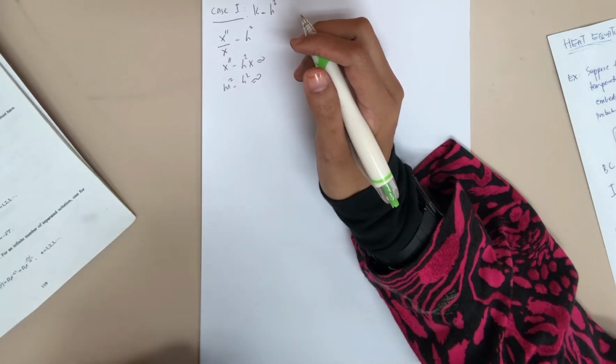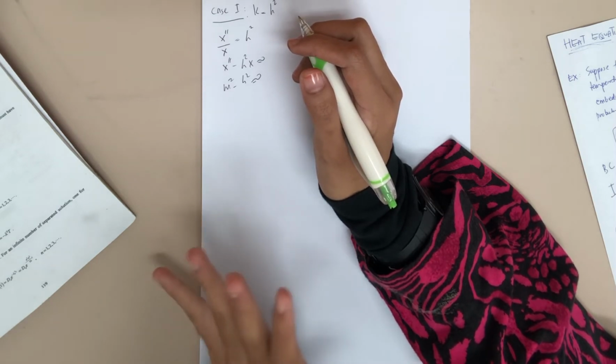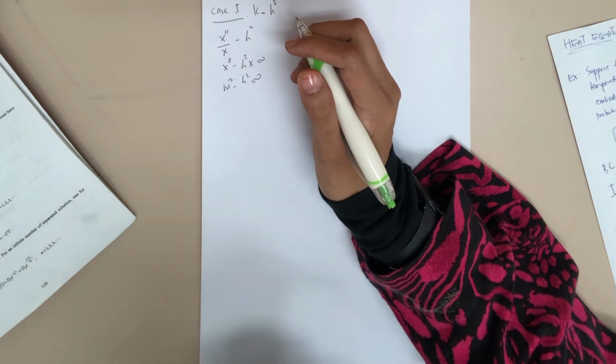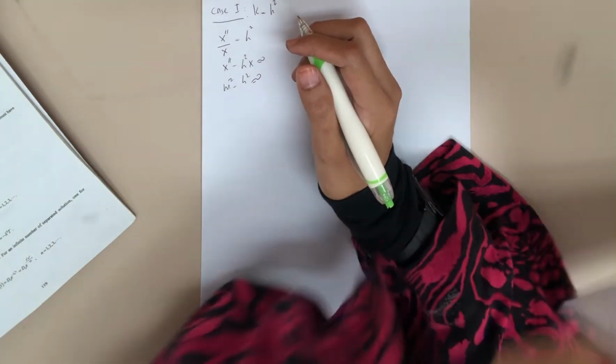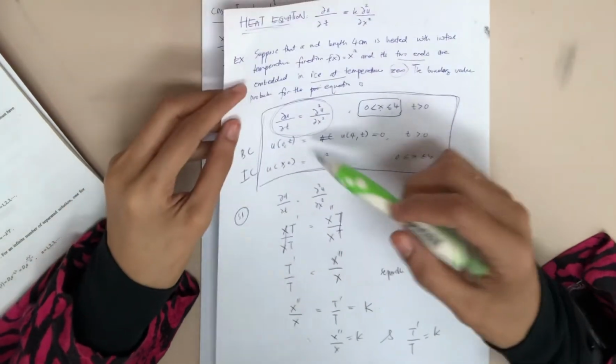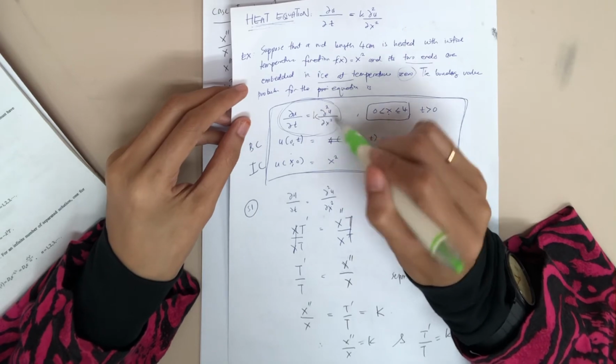So the steps will be repeated when you do it again. That's what I mean: if you keep doing the exercises, even with the same question, it will help you a lot, because the steps are the same. Of course the difference is when you apply the BC and also the IC, and also if there is a constant here, it will be different. This step will be the same.